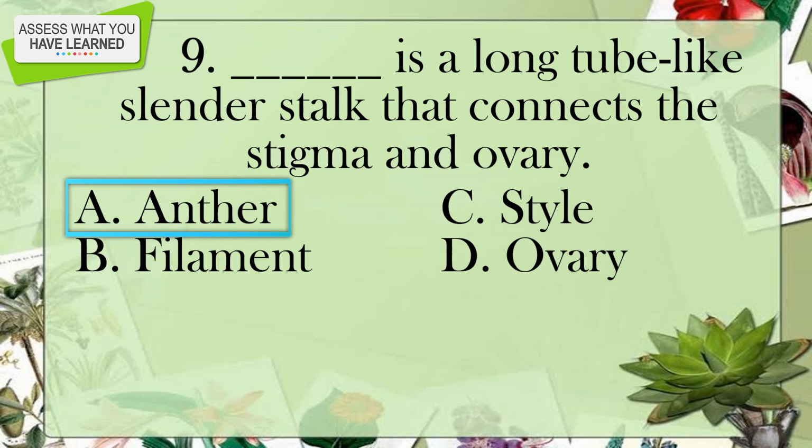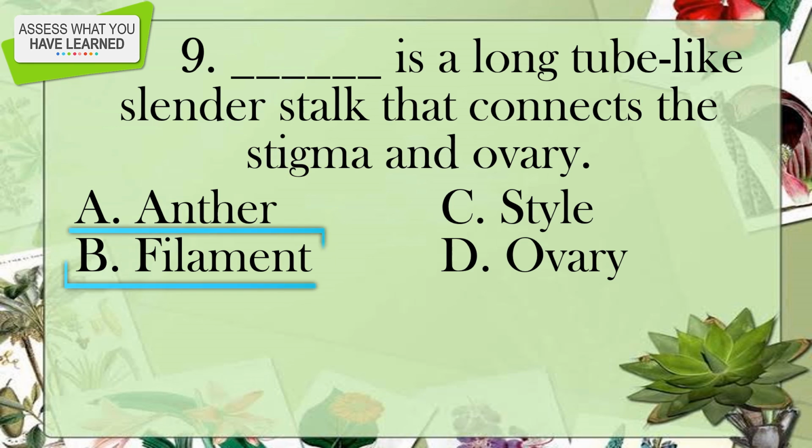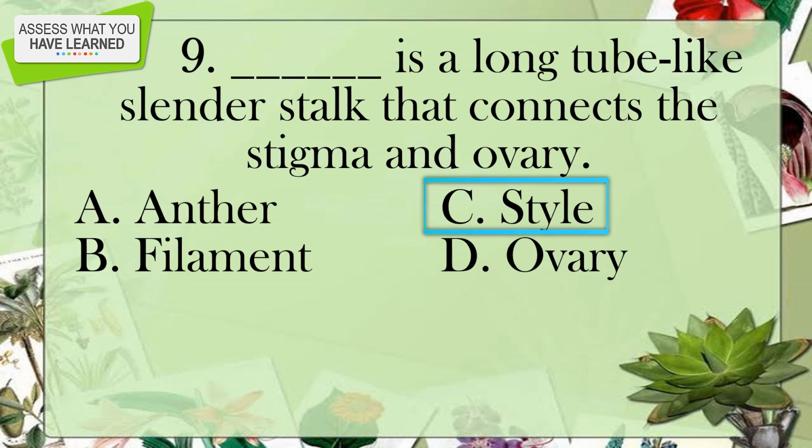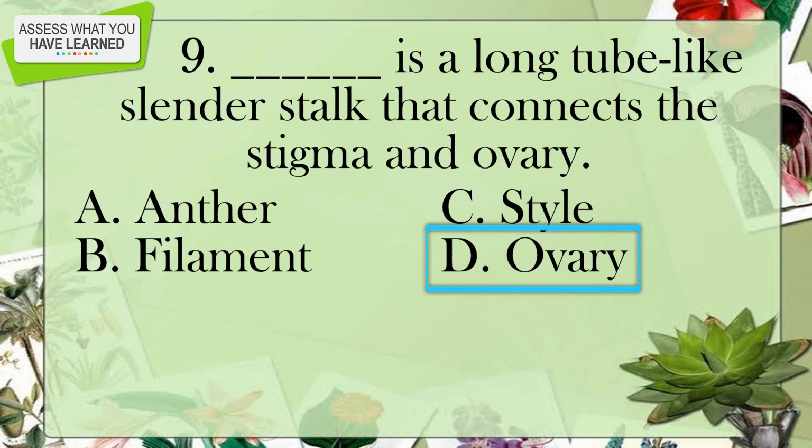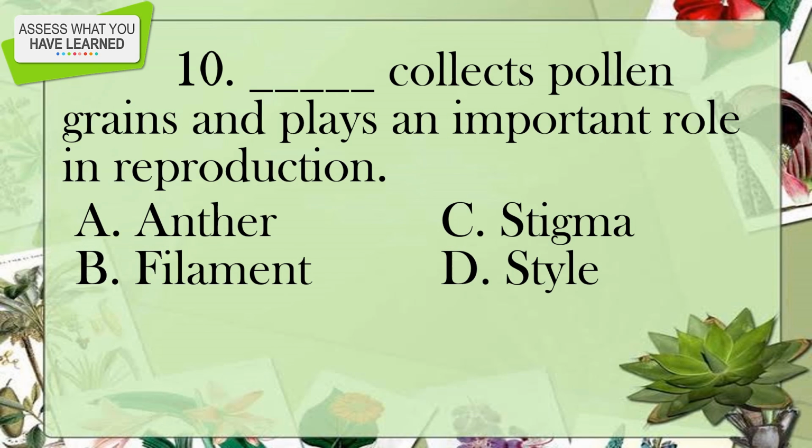A. Anther. B. Filament. C. Style. Or D. Ovary. Number 10. Blank collects pollen grains and plays an important role in reproduction. A. Anther. B. Filament. C. Stigma. D. Style.